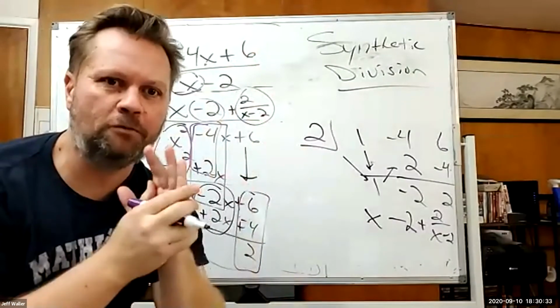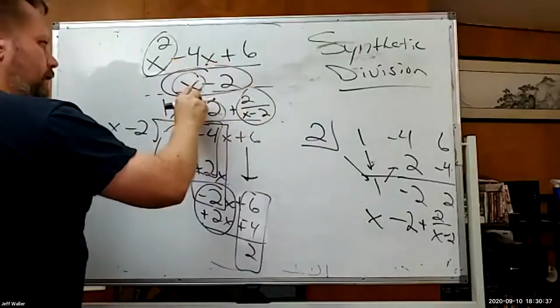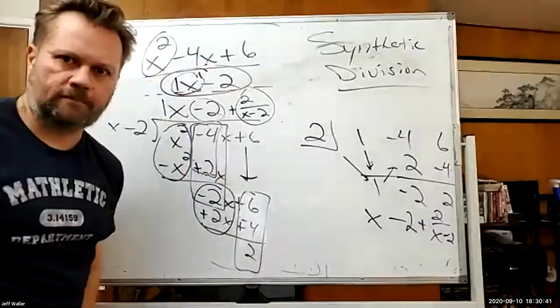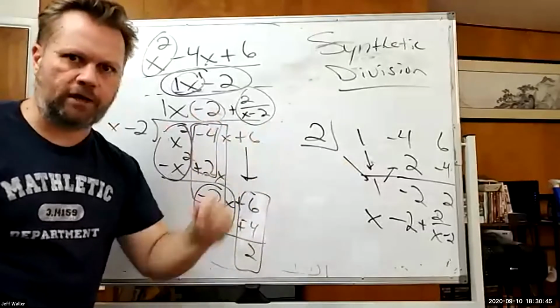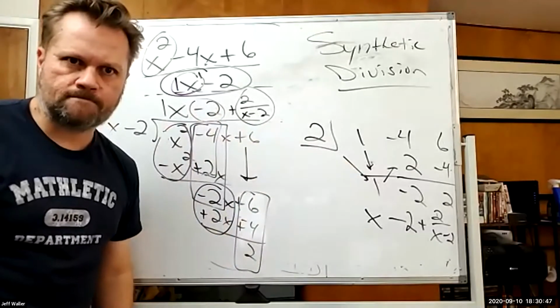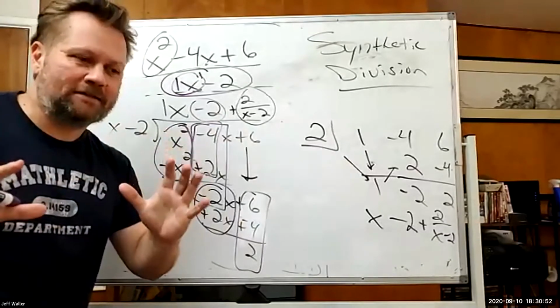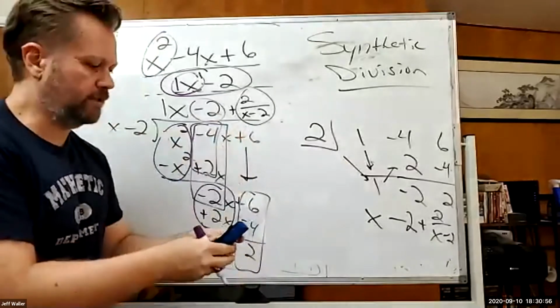Some caveats to this. It only works directly if the bottom is a linear with a coefficient of 1. That is the only time that synthetic division works directly. There are ways around it, but it sometimes gets disgusting. So let's try one more. Let's try one that's a little bit longer.